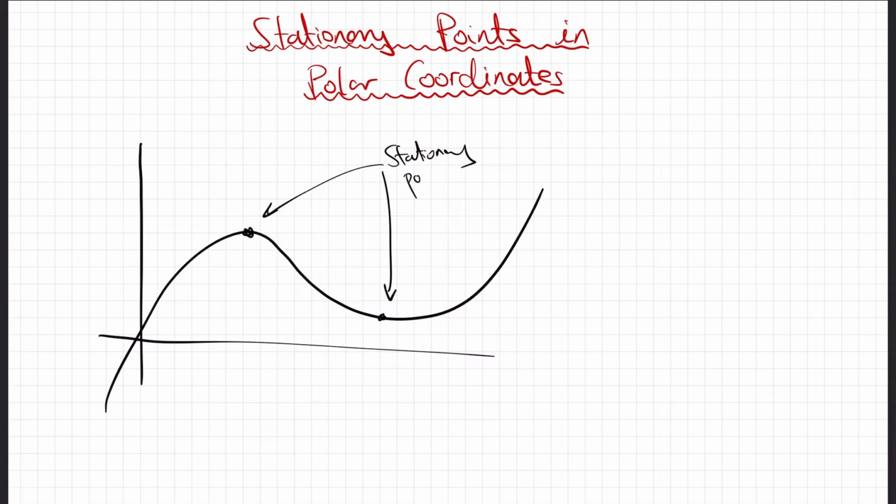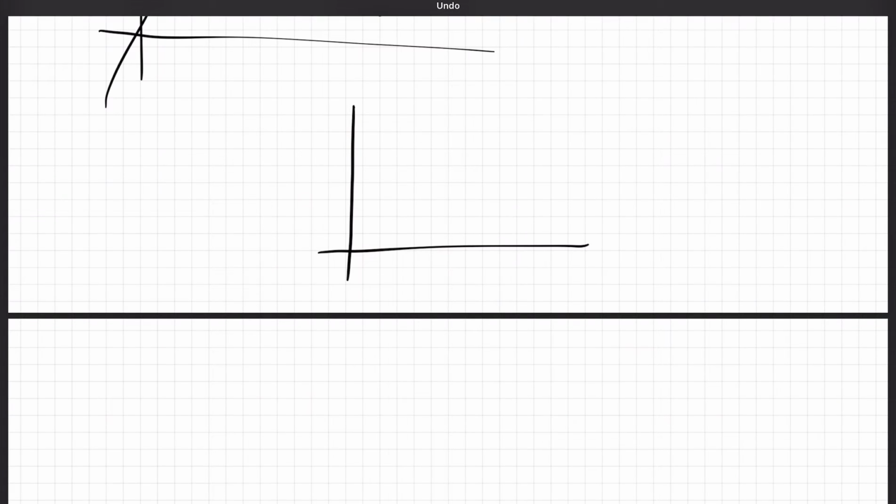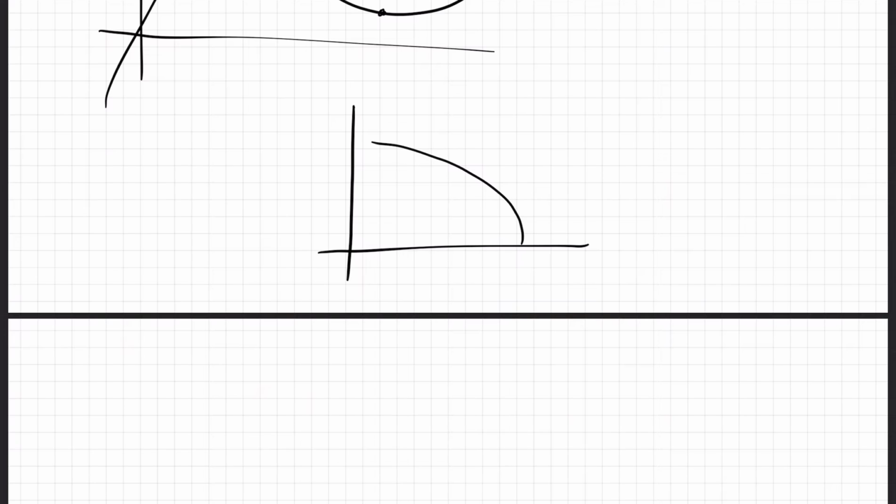So it's pretty simple on the Cartesian plane, but on the polar plane, stationary points become a little bit more complicated, because if you're just measuring from the radius and the angle, then the points are always turning, because the x in polar coordinates is essentially just the angle theta.